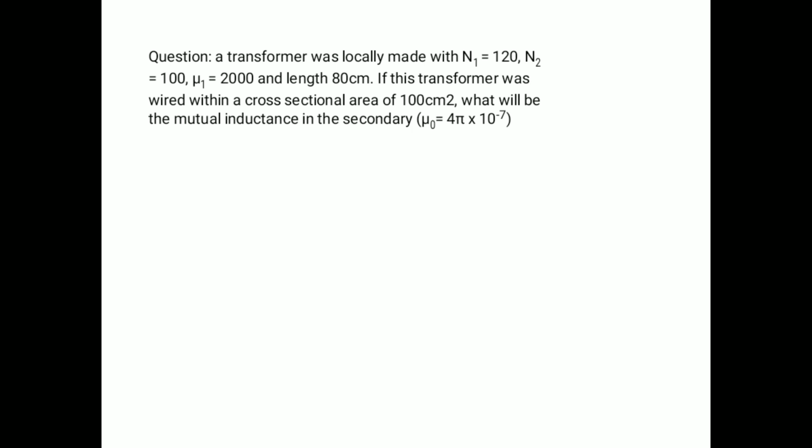If this transformer was wired with a cross-sectional area of 100 square centimeters, what will be the mutual inductance in the secondary coil? Now, we're going to be using the formula that the mutual inductance is the relative permeability multiplied by the permeability of free space, then N1 N2 A all over L, which is the length.